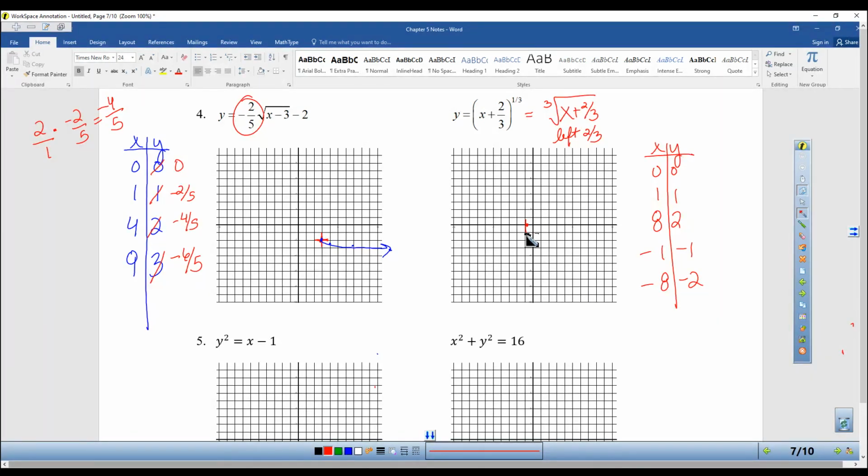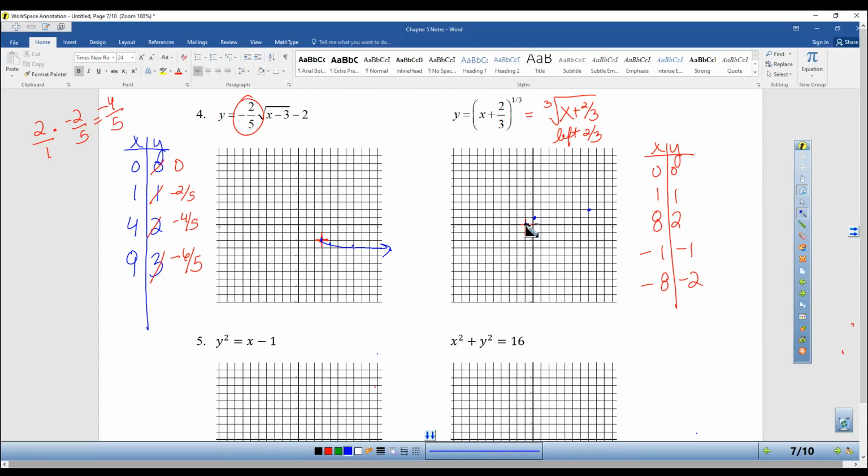and from there I can do my 0, 0. Now 1's a little tricky. I got to go 1 over from 2/3, so it's going to be there. Very tricky to draw. And then 8, 2, so 1, 2, 3, 4, 5, 6, 7, 8, and it's just going to be over a little bit, 2.